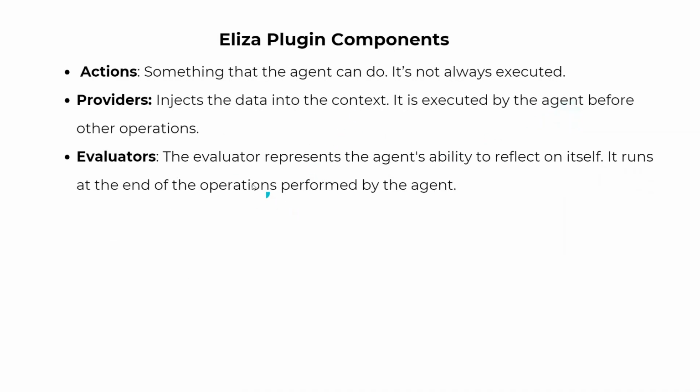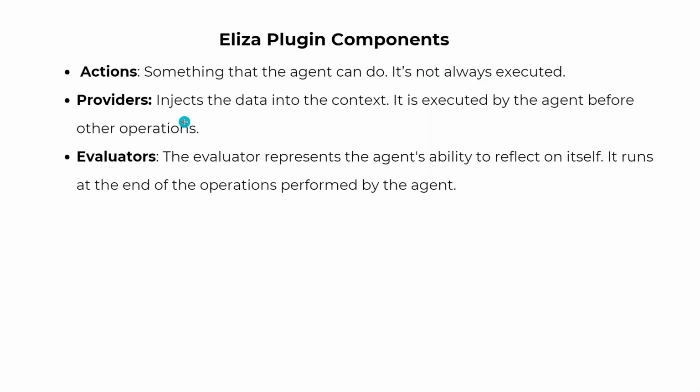But I would like to point out the basic components of an Eliza plugin, or at least give you an overview. In an Eliza plugin, we can have three types of components. The action, which is something that an agent can do. For example, in the EVM plugin, there are actions to transfer tokens, swap tokens, and bridge tokens, but it's not always executed.